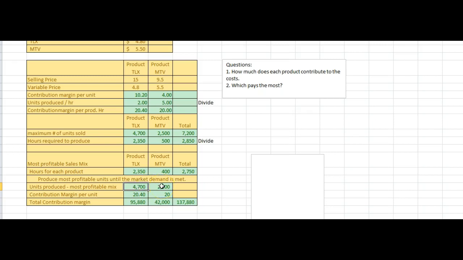This is our best sales mix because we get the maximum contribution margin here, and we also pick up the contribution margin for 2,100 of the other. So now we have a total of 137.80, and that's the max, because they won't take any more than 4,700. Then the remainder would fall onto the MTV. So that's a fun one to play with.